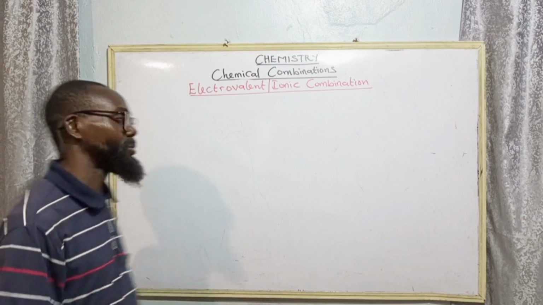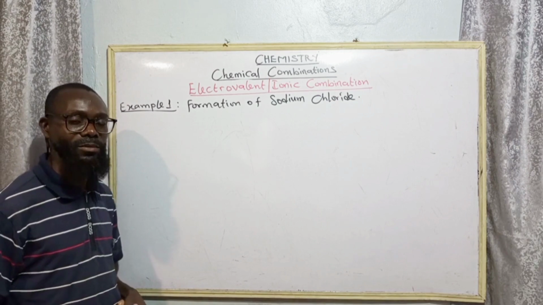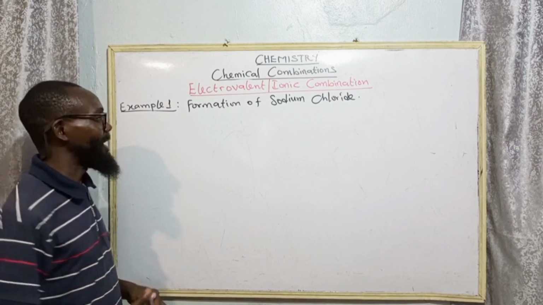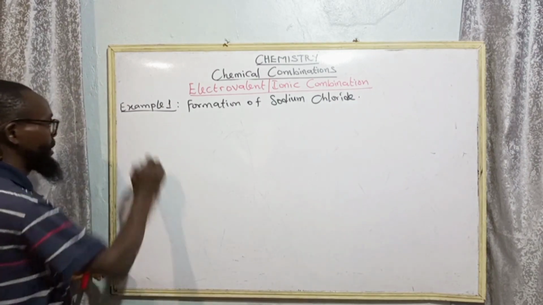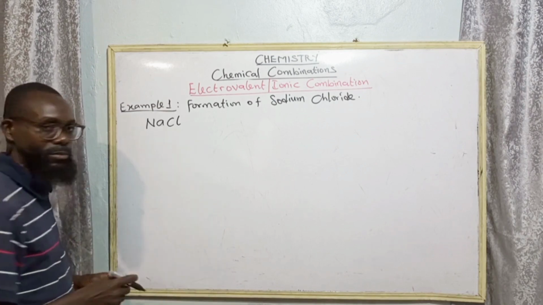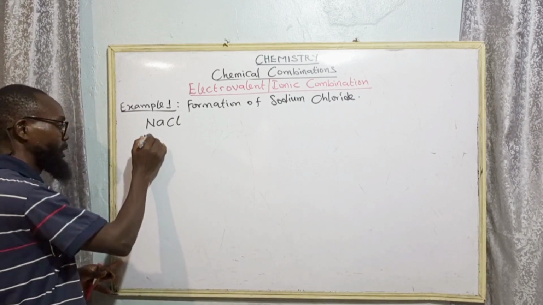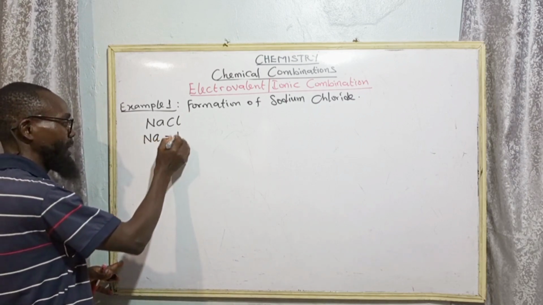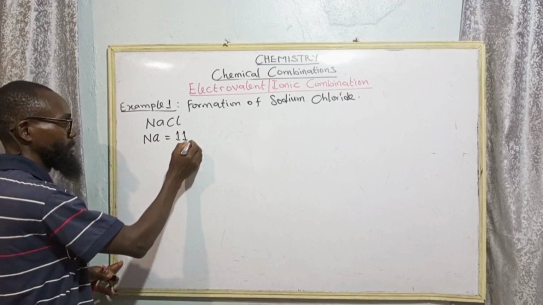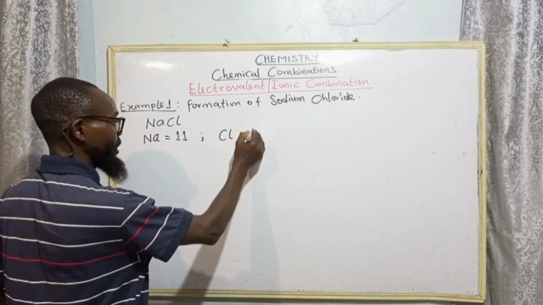Let's say, for example, example 1, formation of sodium chloride. We have sodium chloride, that is NaCl. It is made up of sodium with atomic number of 11 and chlorine with atomic number of 17.